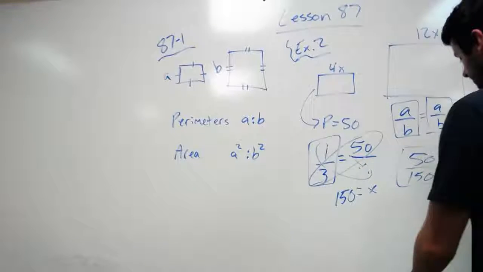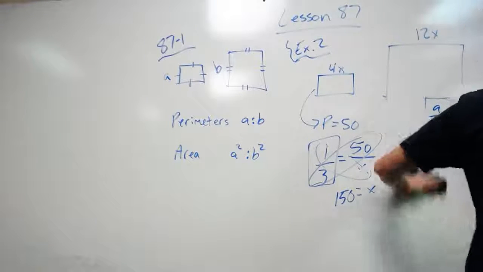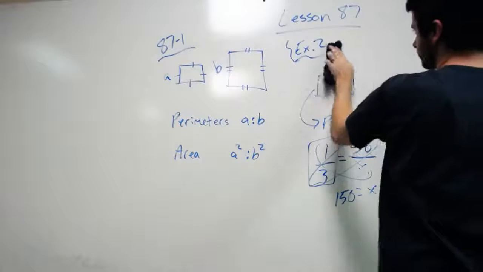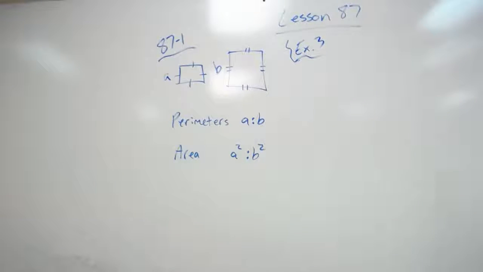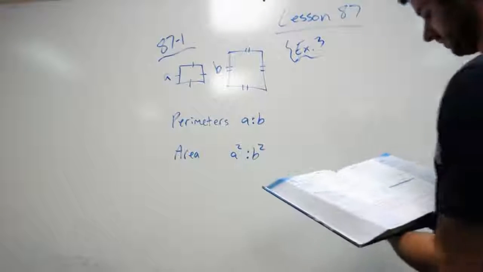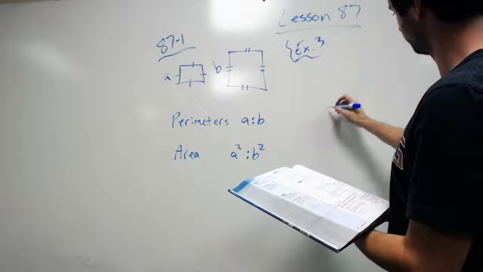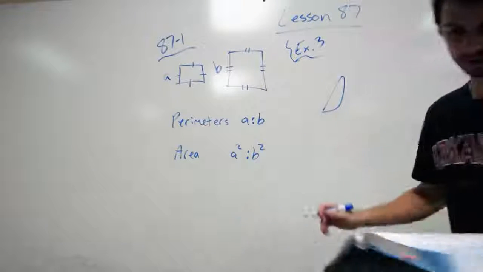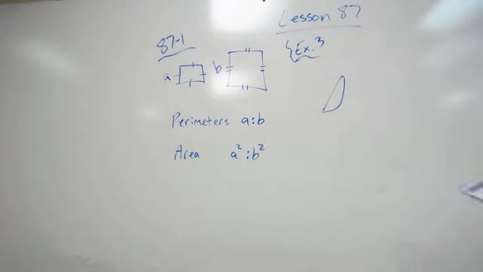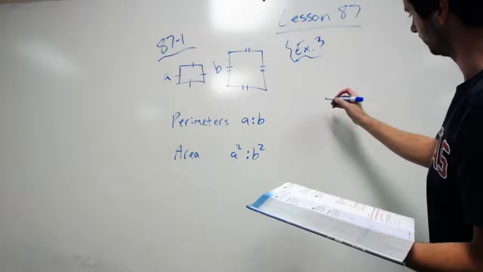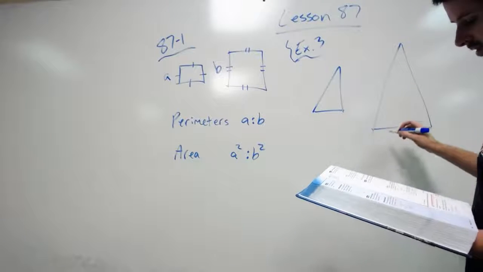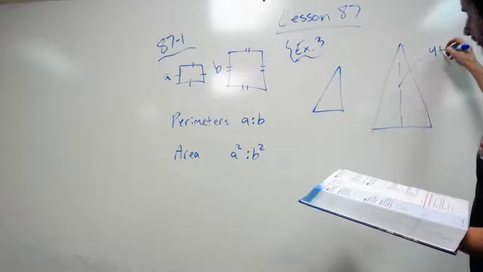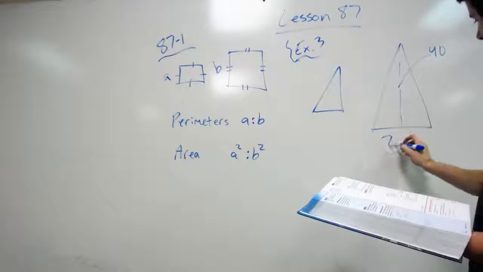Now let's look at the area. We're going to look at example 3. Let me draw this triangle here. Example 3 says, if two triangles have a similarity ratio of 2 to 5, and let me draw this. Wow, that was a terrible triangle. Okay, little triangle, big triangle, height of 40, base of 25.